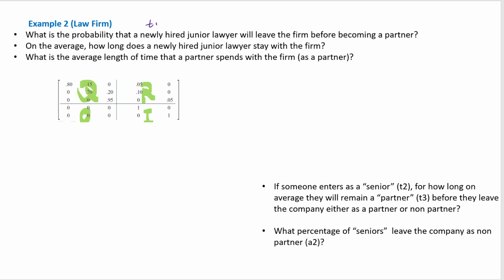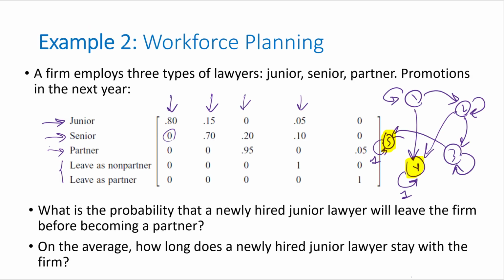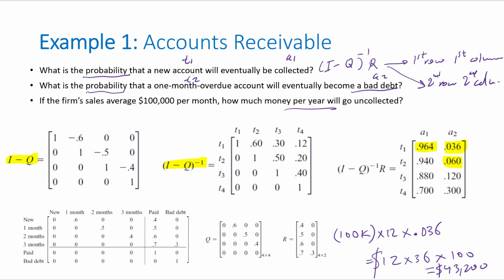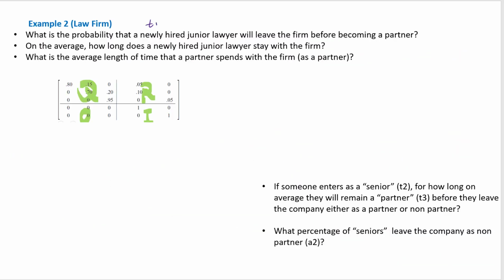That was a state, leave as non-partner. That was the first absorbing state, so that's A1. To get that, again, I minus Q inverse times R, and we want the first row, first column.